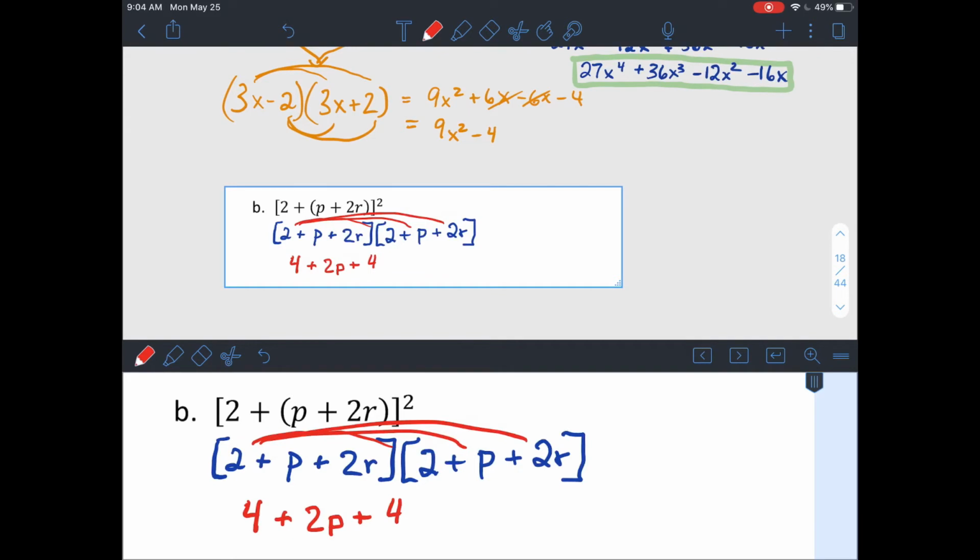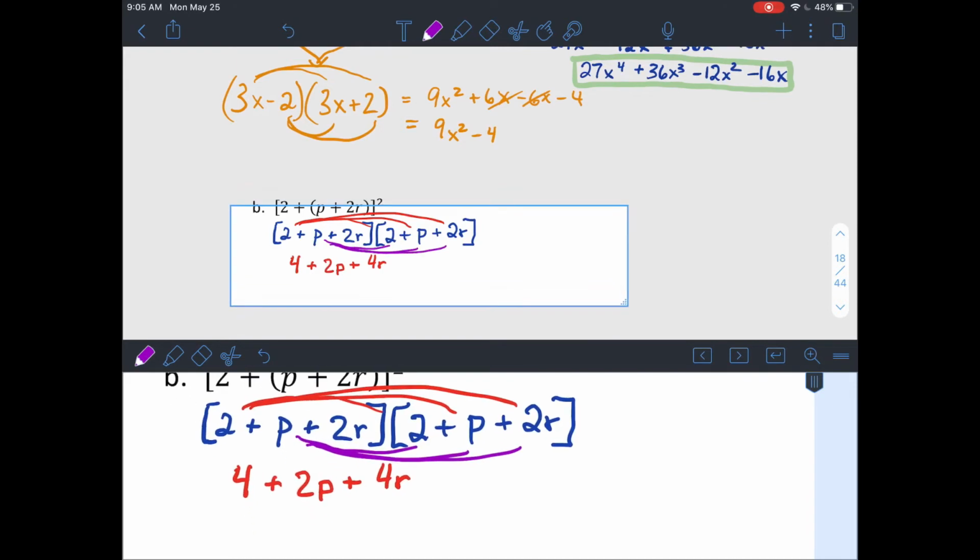So if I do that, I'm going to take p times the 3 terms in my second trinomial and get that. I'm going to kind of line things up as I go here. So when I take p times my 3 terms, I'm going to put my like terms kind of below each other. Get a p squared and a 2rp.